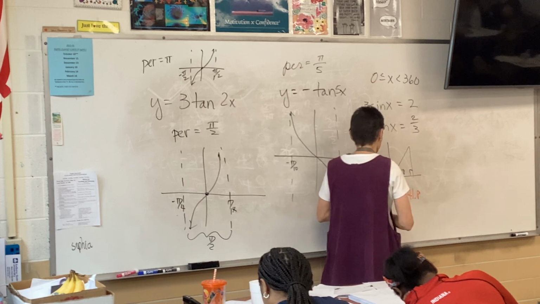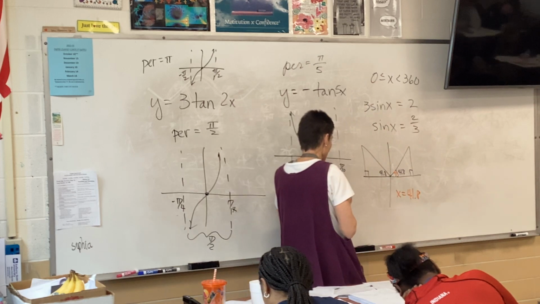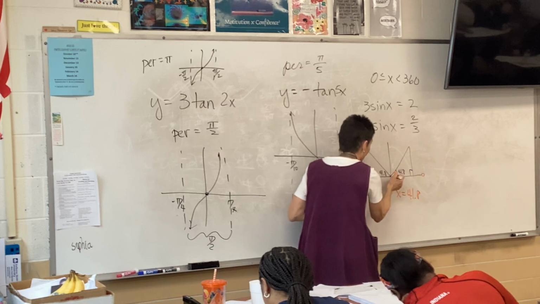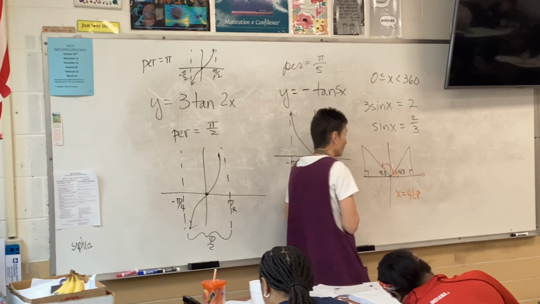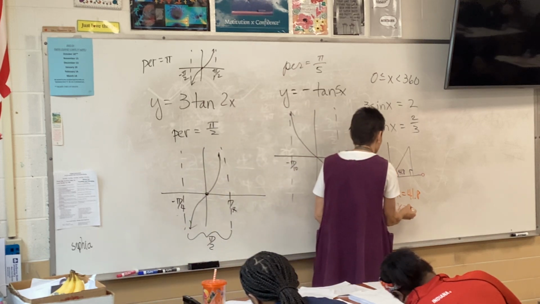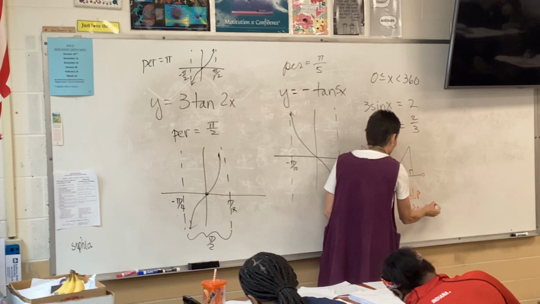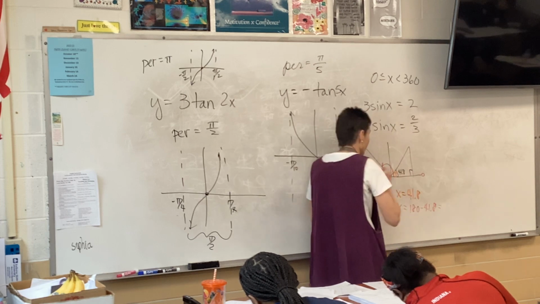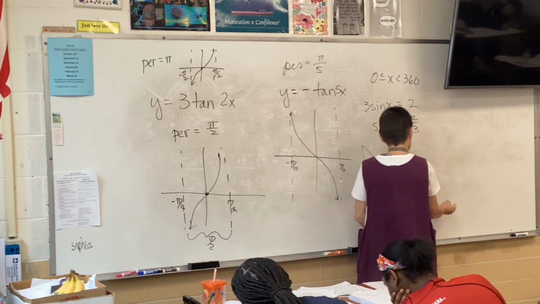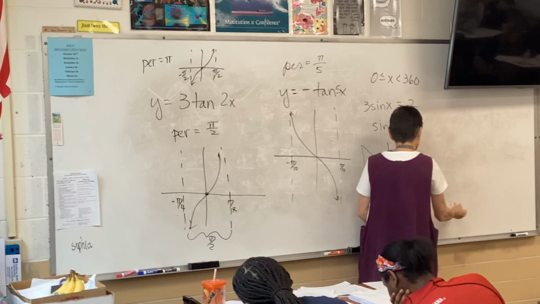How am I gonna get the other answer, which starts here at 0 and goes all the way to here? 180 minus 41.8, which is 138.2. Double check that arithmetic.